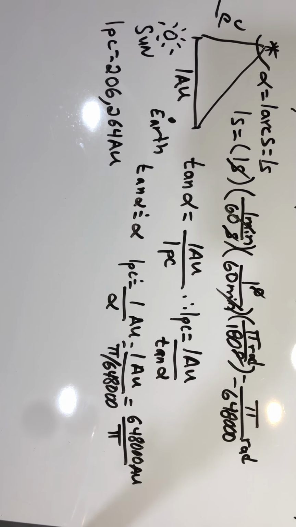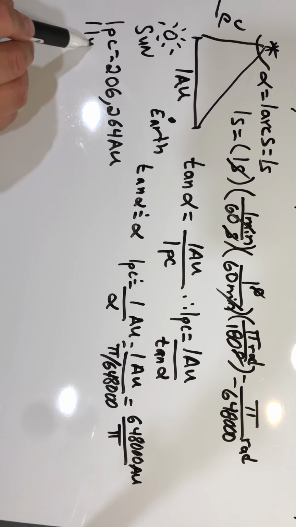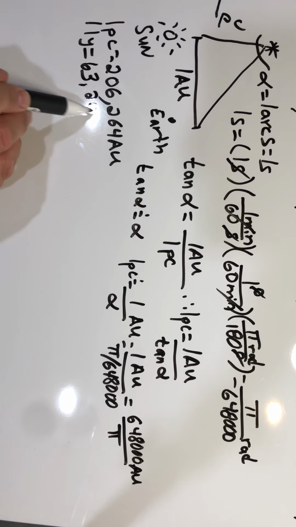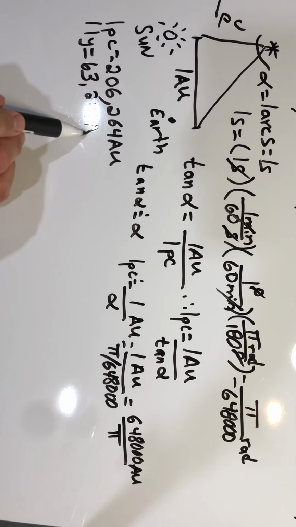I know I'm just playing with numbers right now, and I'm going to show you why I find this interesting, okay? I want to point out that 1 light year is equal to 63,241 astronomical units.